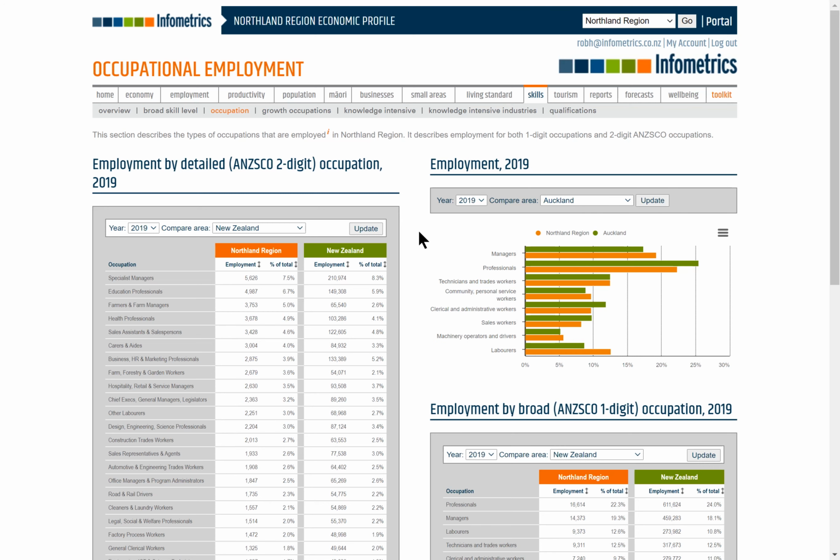These occupations are based on ANSCO one-digit occupations. ANSCO refers to the Australia and New Zealand standard classification of occupations. All our occupation data is based on this classification.